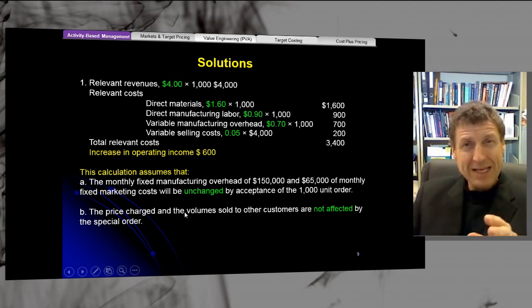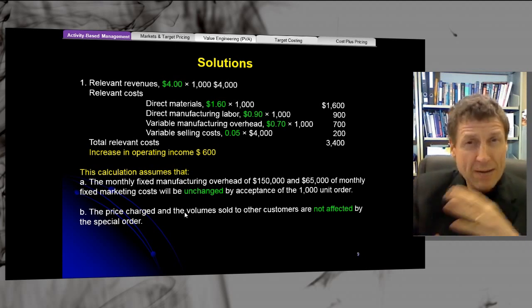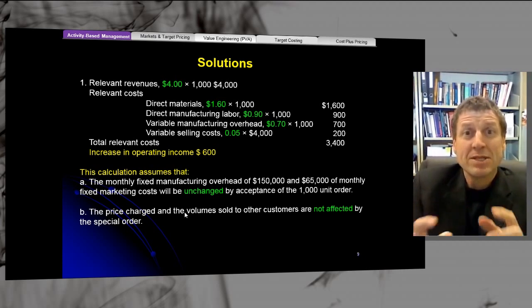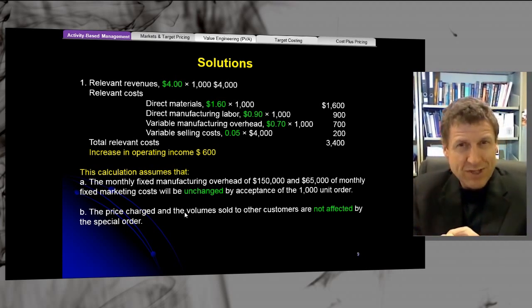You can imagine other customers find out you're giving it to this customer. Hey, I'm paying $5 per unit. I just ordered 10,000. You better give me a discount. Knock $1 off each unit I just purchased. Otherwise, I'm not going to order from you again. You can imagine the outrage from other customers if they find out that you are secretly discounting for a special order. You understand this problem here.